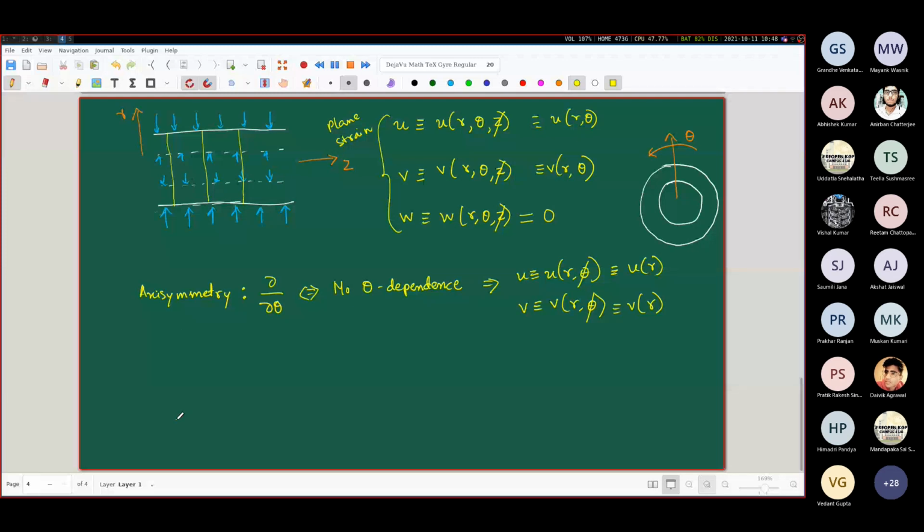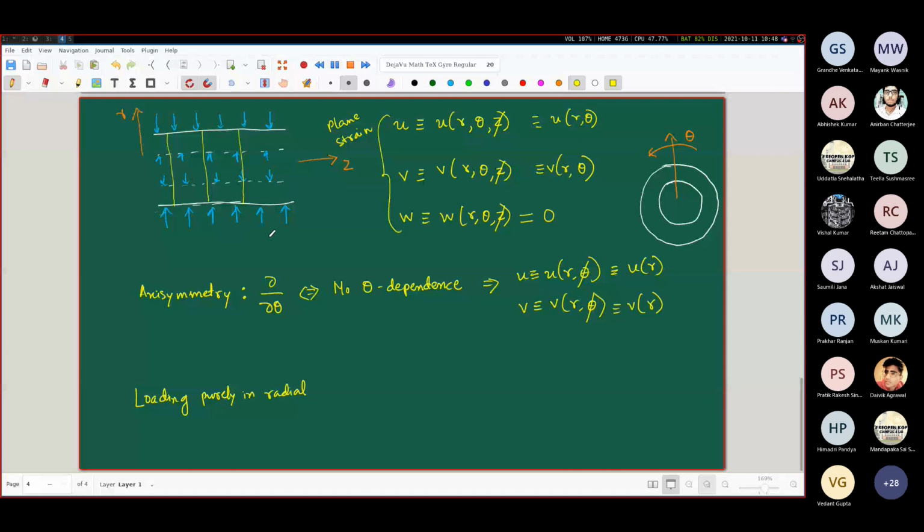Okay, so axisymmetric loading. Or I shouldn't say axisymmetric loading, I should say loading purely in the radial direction, because that is what this pressure is implying.